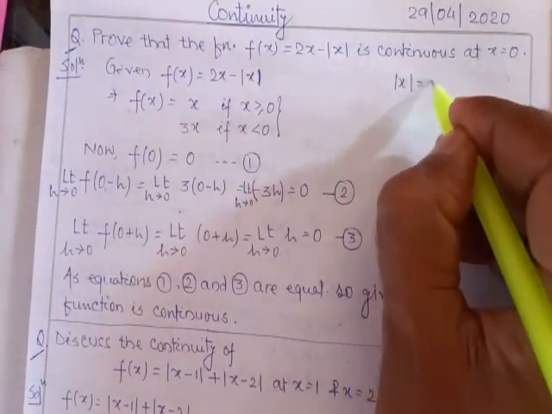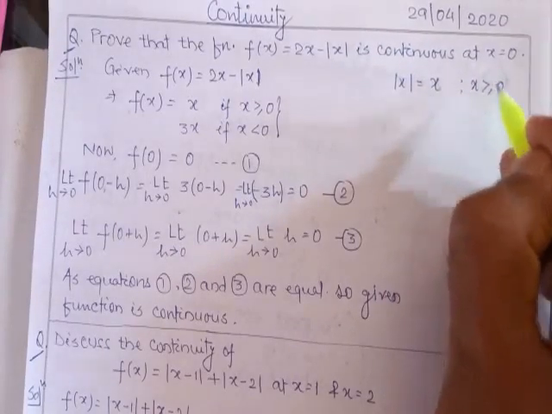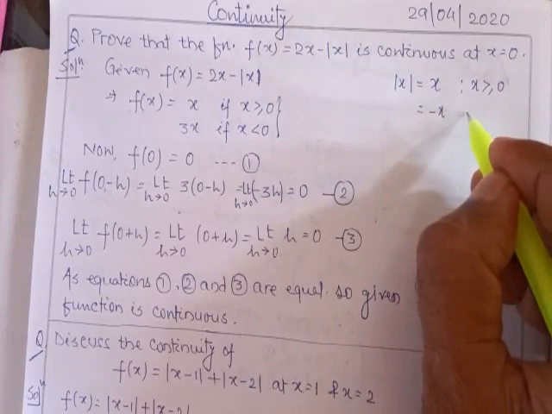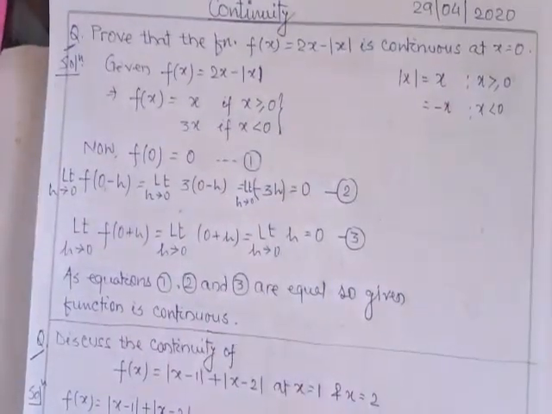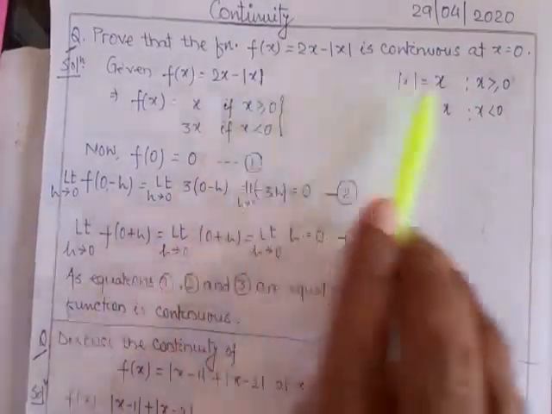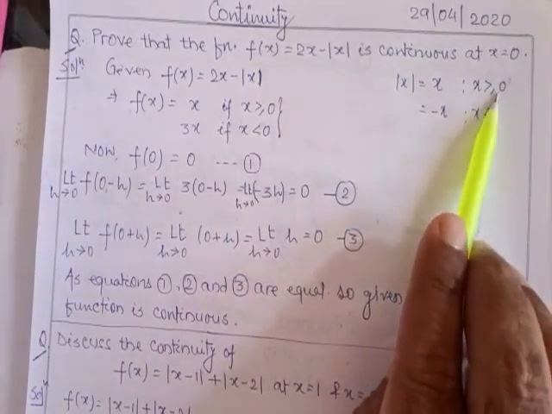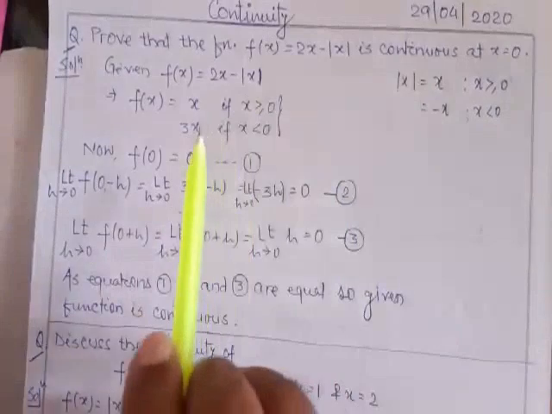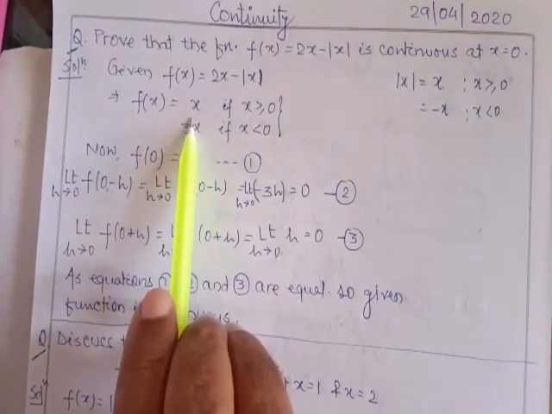It is equal to x when x is greater than or equal to 0, and equal to −x when x is less than 0. So apply the condition when x is greater than or equal to 0. Then |x| should be x, so 2x − x becomes x.